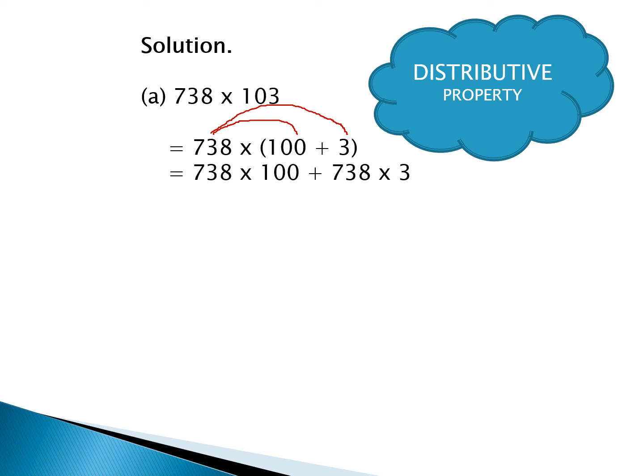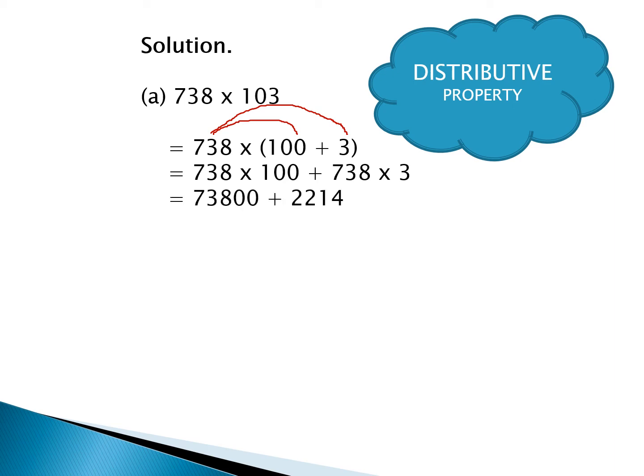Please children, this is a very important step. Don't forget it and practice this step carefully. I will repeat, 738 multiply 100 plus 738 multiplied by 3. So basically we will multiply the term outside the bracket with the terms inside the bracket. Okay.